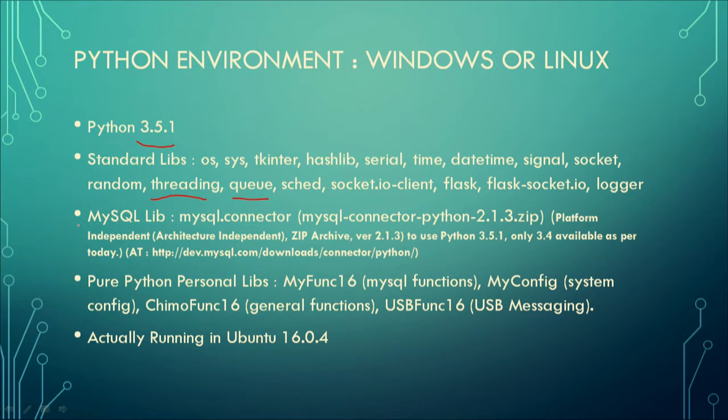The database being used is MySQL, and I have the MySQL connector that comes from Oracle. And some personal libs are going to be used as well for MySQL and for managing USB or general functions. Everything is running on Ubuntu 16.